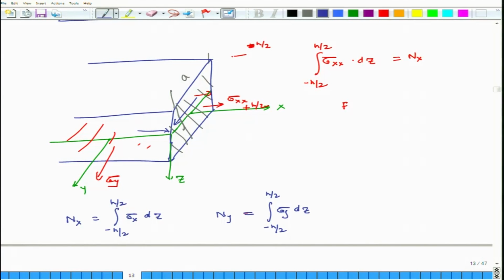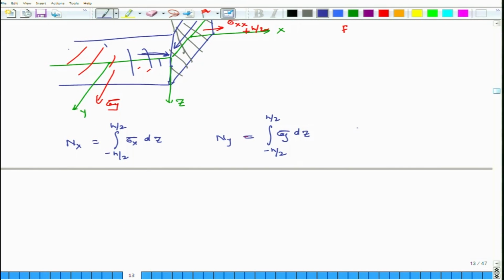If I integrate sigma xy on this entire surface, then I get the force resultant Nxy. So, Nxy is equal to the integral from minus h over 2 to h over 2 of tau xy dz.